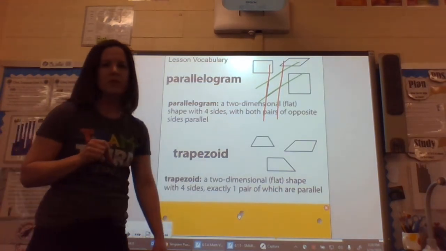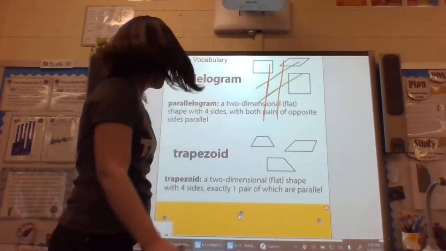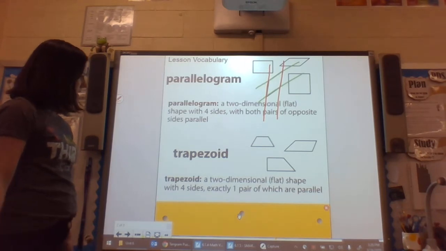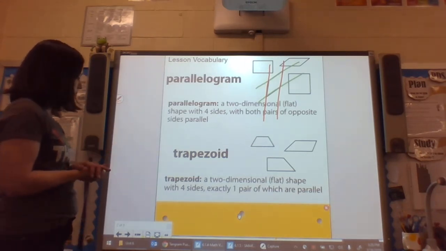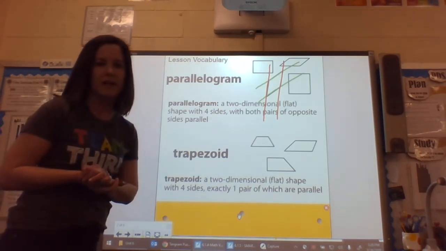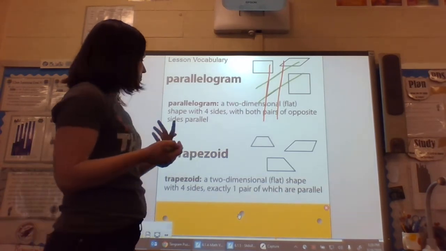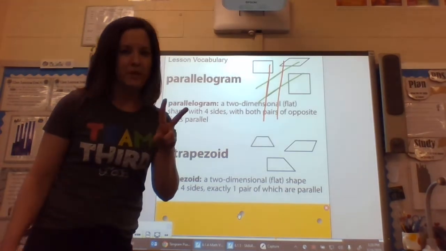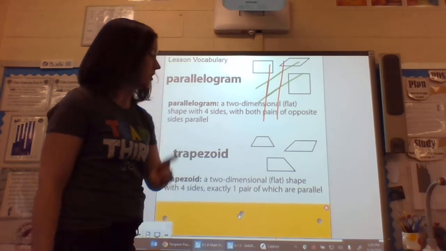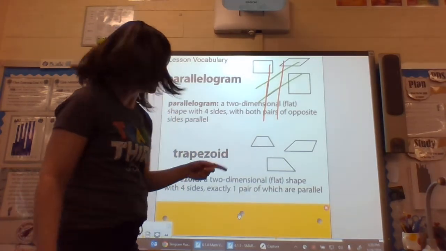The next shape that we need to know is a trapezoid. A trapezoid is a 2-dimensional flat shape with 4 sides. So again, it's a quadrilateral. Trapezoids have not 2 pairs, but only 1 pair of parallel sides. So check it out.